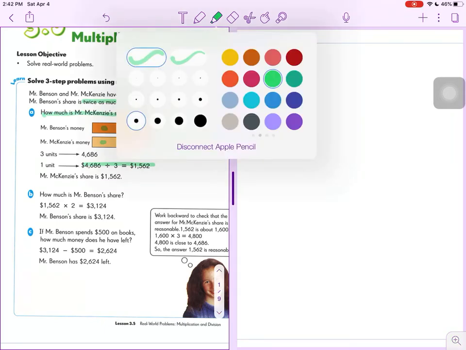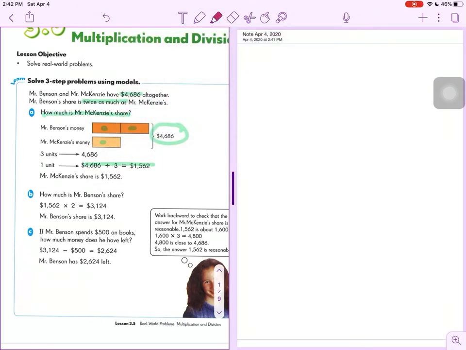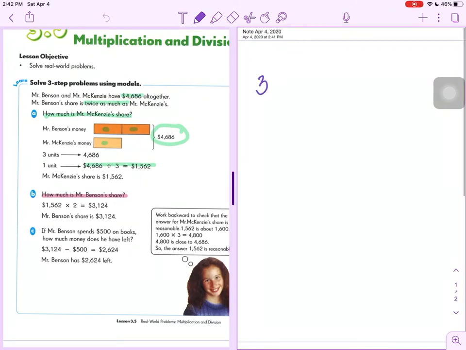Now our second question would be, how much is Mr. Benson's share? Well, Mr. Benson's share was twice as much as Mr. McKenzie's. So then I would do 3,000. Erase that. I was getting confused. I would do 1,562 times 2.